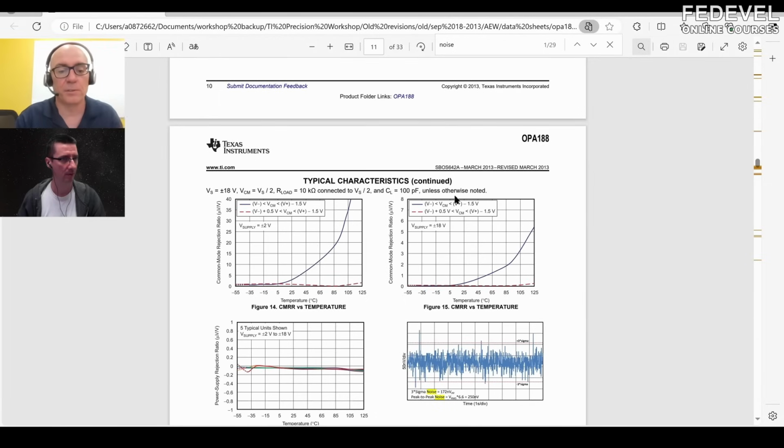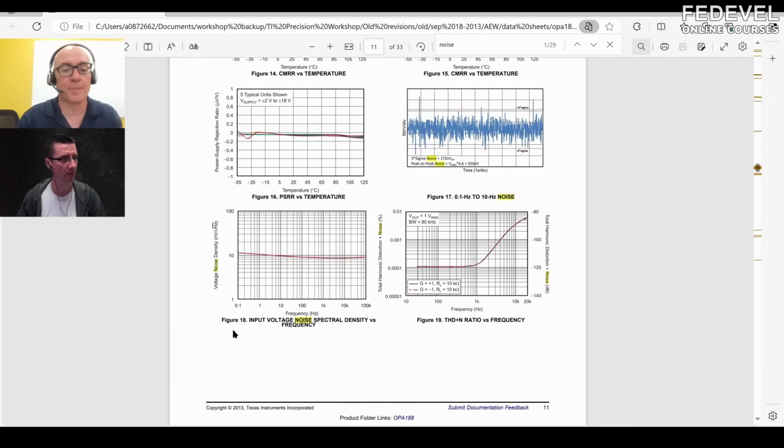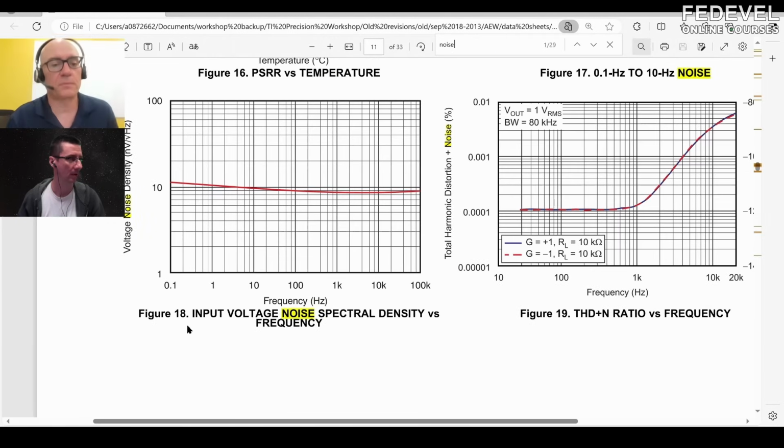Okay, here we go. This is the key point. This is the noise versus frequency. Notice that it has the noise density in nanovolts per square root hertz. It's about 10 nanovolts across all frequencies. So there's basically noise at all frequencies, and depending on what the bandwidth is, we're integrating this curve. If we have a wide bandwidth, we get a lot of this curve. If we have a narrow bandwidth, we get less of this curve. And that is why the noise will increase for wider bandwidth.